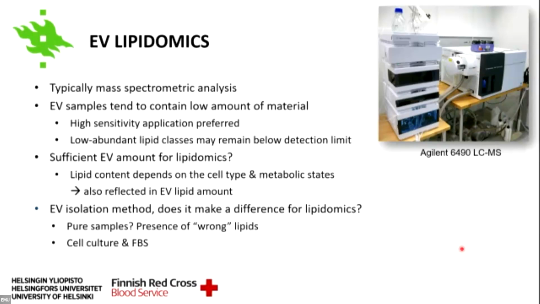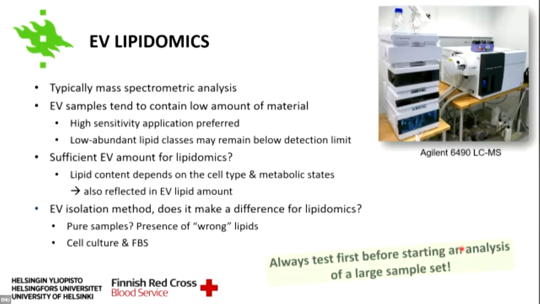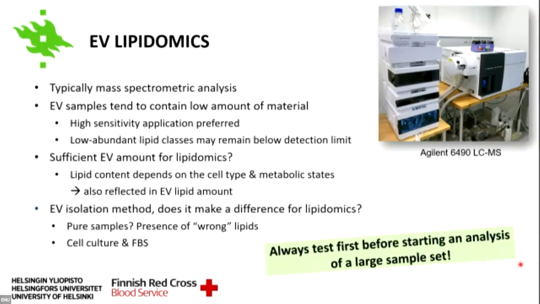For lipidomics, it's easiest to pellet the sample, because then we get rid of the solution that the lipids are in. But depending on how we purify and collect the samples, we might also have the wrong lipids in the sample. And a good idea, in my opinion, is to do a small pilot test before starting a larger analysis.